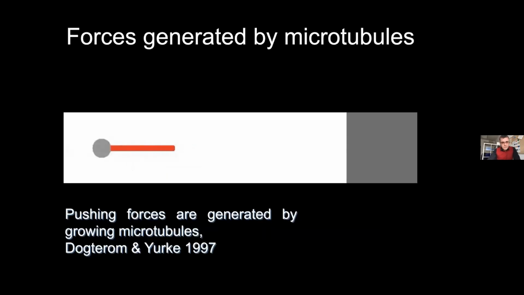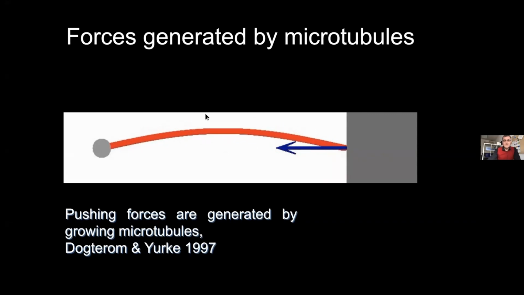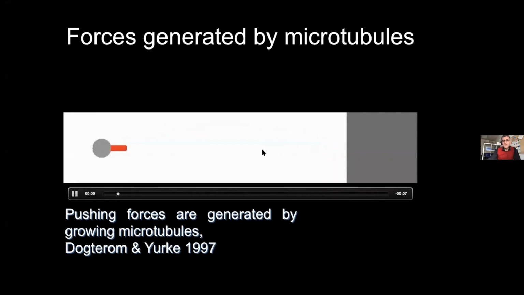So what happens when a microtubule is growing? As long as it's growing freely, it is growing with a certain velocity, but when it's growing against some obstacle, it keeps growing by exerting a pushing force against this obstacle.